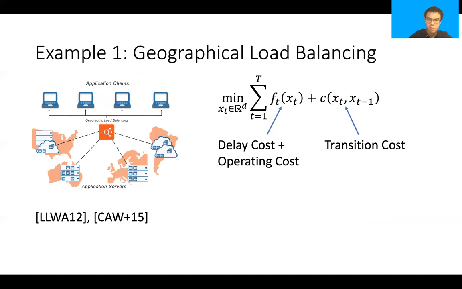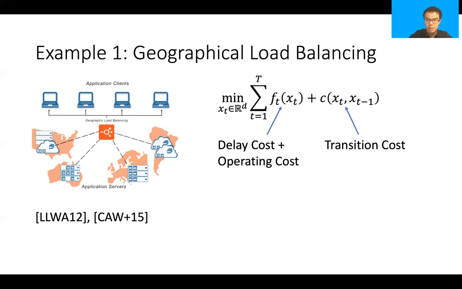The first example is geographical load balancing. In this example, we are trying to balance the load of the server farms at different locations in order to meet the demand as well as saving energy. The decision point xt is a d-dimensional vector that represents the number of active servers at different server farms.